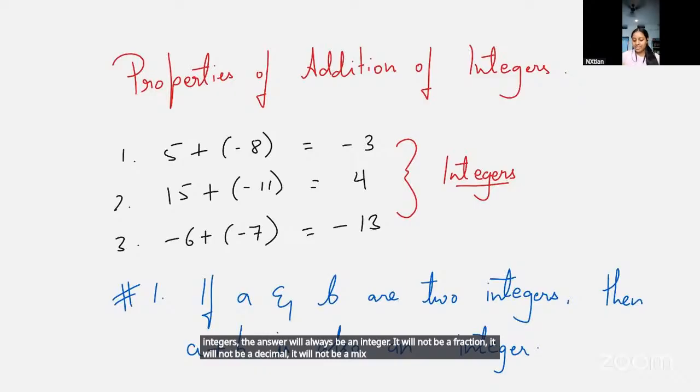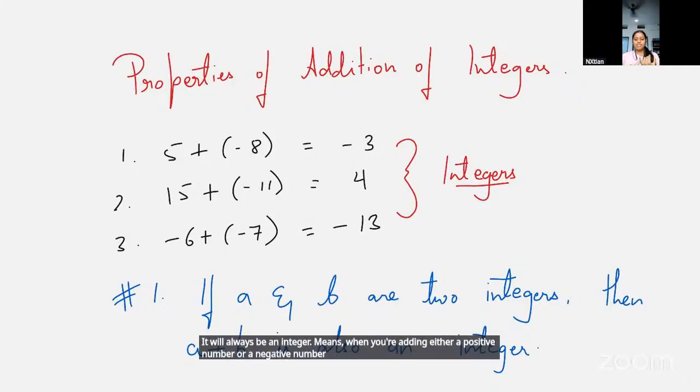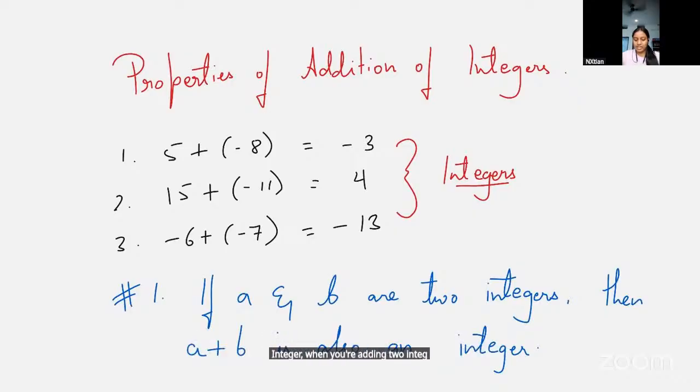It will always be an integer. When you are adding two integers, the answer will come as an integer. Hope this property is clear to you.